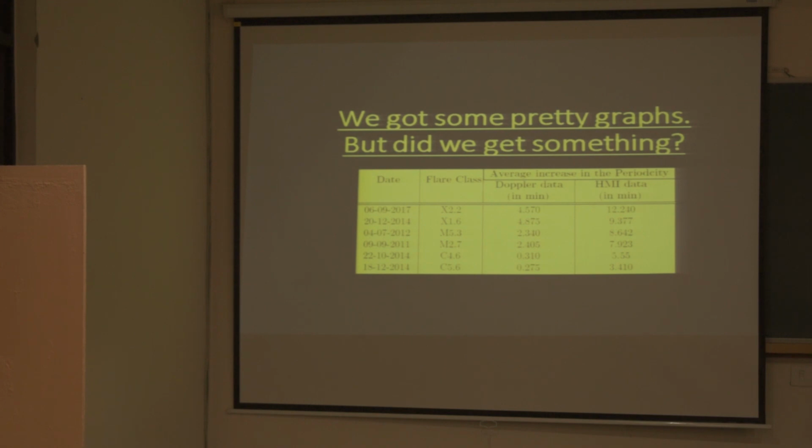So the highest is in X2.2. We are claiming this because of the general trend of the data: the more the magnitude of the flare, the more the increase in the periodicity which we observe. That is the main crux which we got after all this analysis.